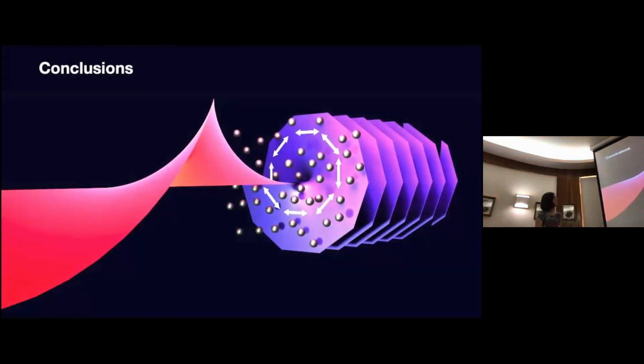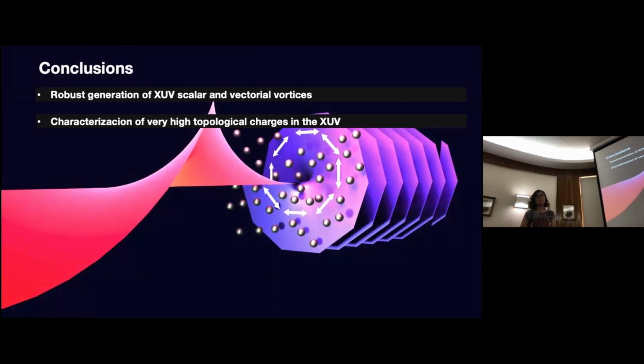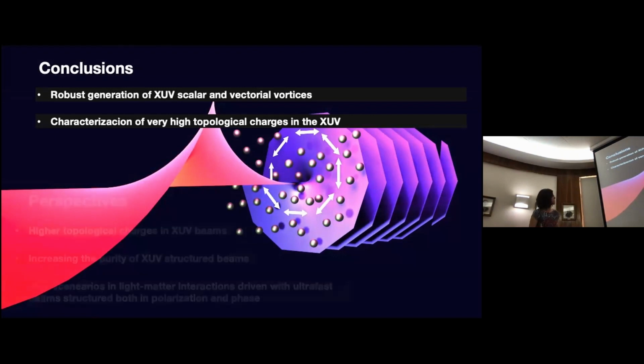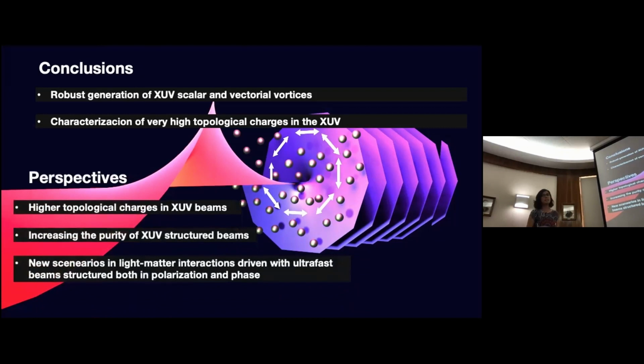In conclusion, we demonstrate the robust generation of XUV scalar and vectorial vortices. Our numerical calculations have helped the experimental group to characterize very high topological charges. And this paves the way towards reaching higher topological charges or higher purities in the EUV structured beams.